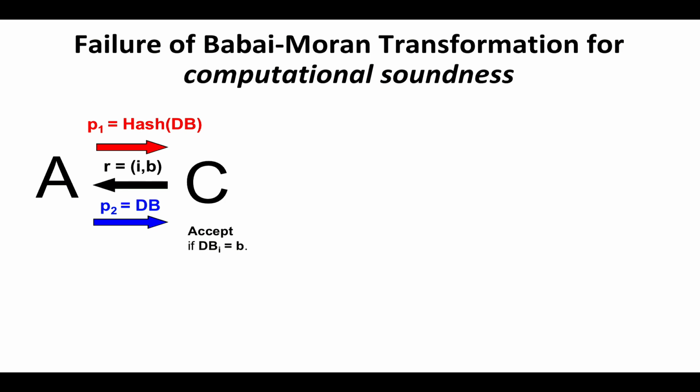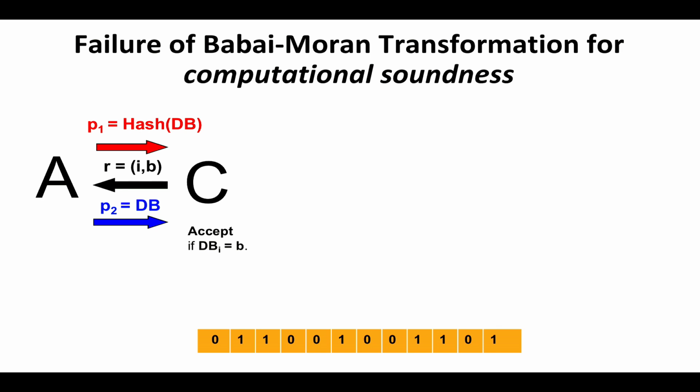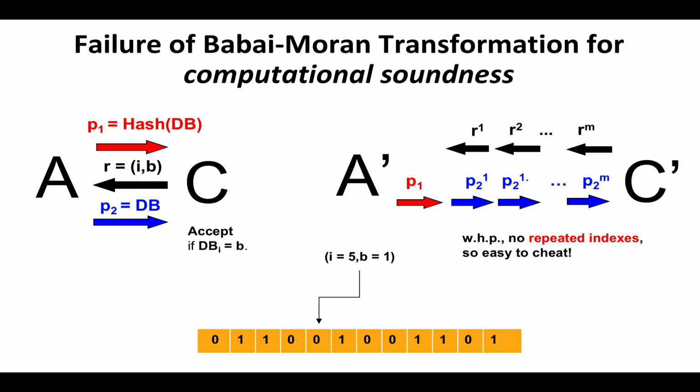Then the challenger is going to pick a random position, let's say 5 here, and a random bit. And you win if you, in fact, hashed down a database that had that bit at that random position. For this to be a hard puzzle, the hash function needs to be collision resistant, so that when you send the hash, you're locking yourself down to this database.